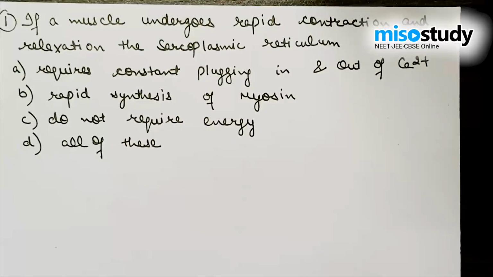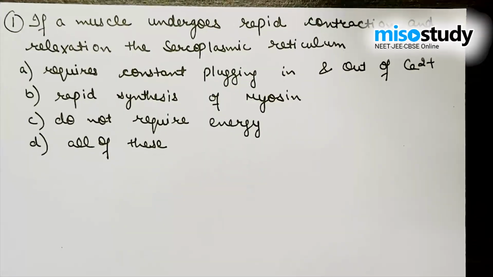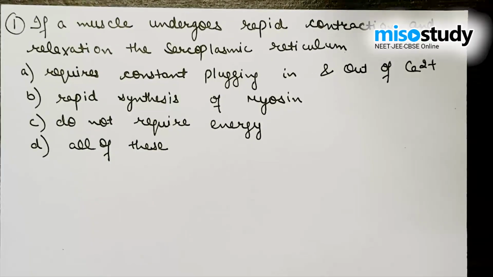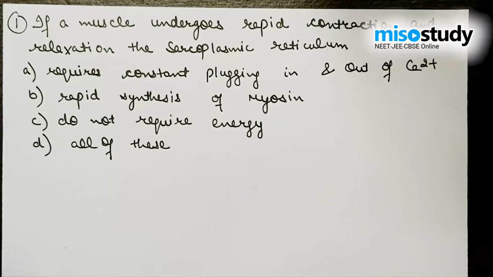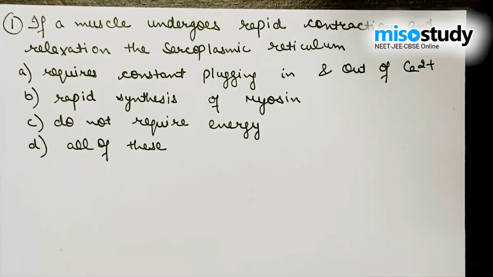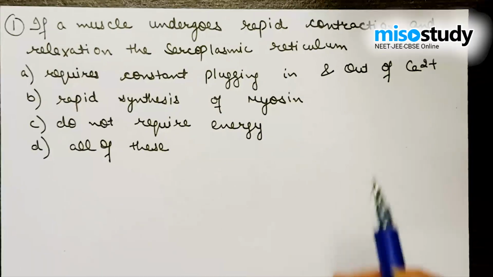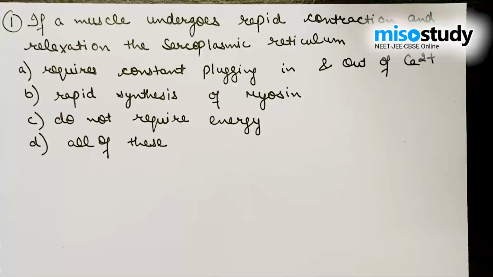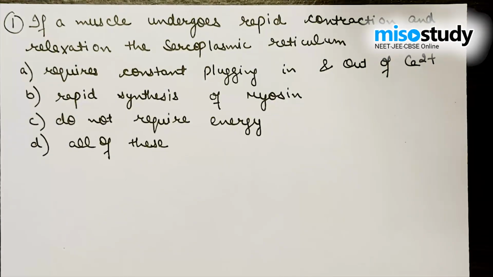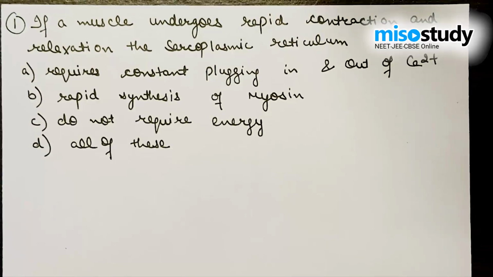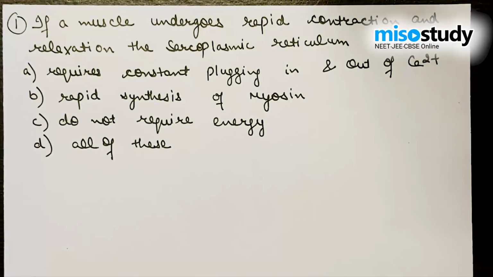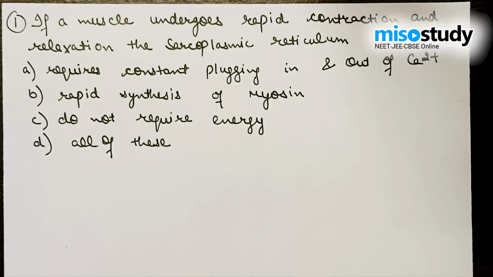The first question: if a muscle undergoes rapid contraction and relaxation, the sarcoplasmic reticulum, option A, requires constant plugging in and out of calcium ions. Option B, rapid synthesis of myosin. Option C, does not require energy. And option D, all of these.